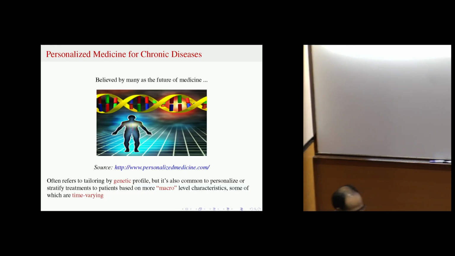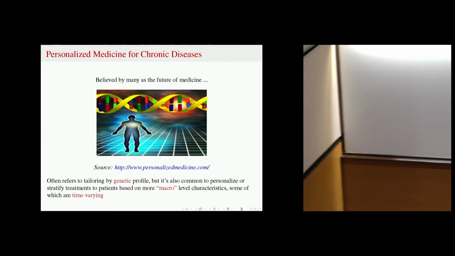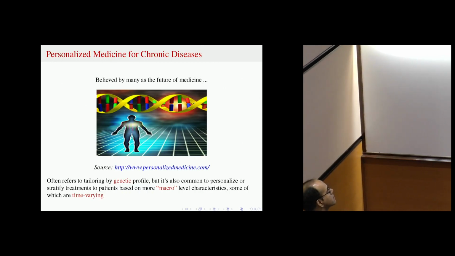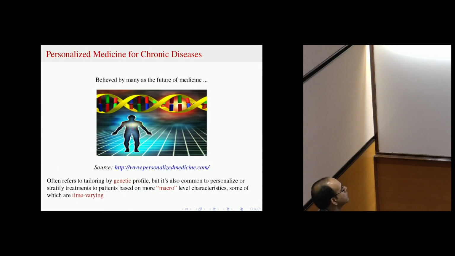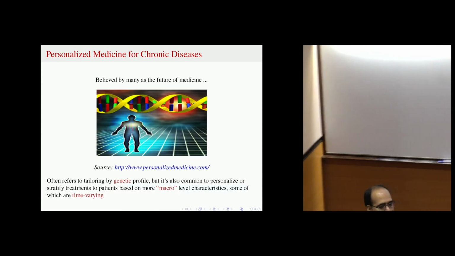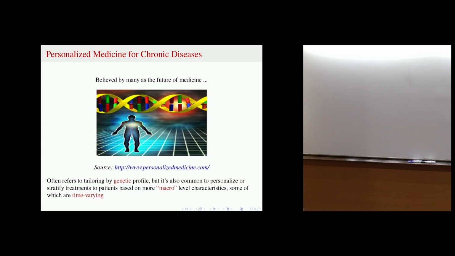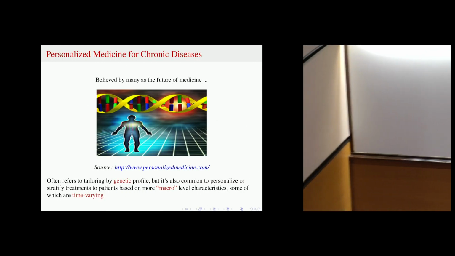Okay, so as I mentioned earlier, the motivating context is personalized medicine for chronic conditions, and this is believed by many as the future of medicine. And whenever you mention personalized or precision medicine, the majority of people think genetics, right? That's how people are thinking.